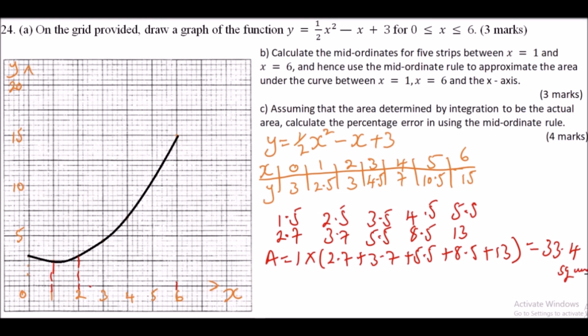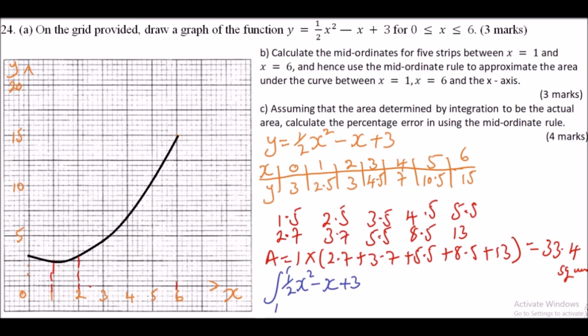Assuming the area estimated by integration to be the actual area, calculate the percentage error in using the mid-ordinate rule. To get the area using integration, we are going to integrate the function a half x squared minus x plus 3, and the limits are from 1 to 6.